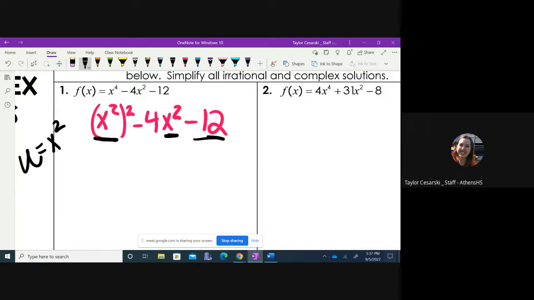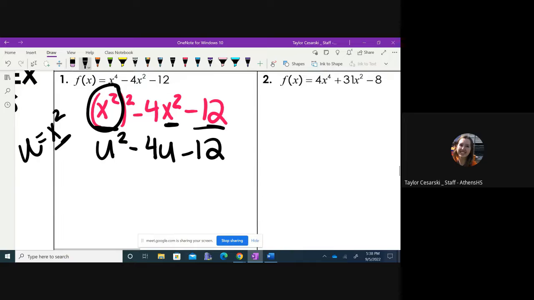And again, you don't have to go through this entire process once you get the idea, but just to make sure we understand why this works. I'm basically saying u squared minus 4u, because that's what x squared is, minus 12. And now this looks like a quadratic that I know how to factor, okay?